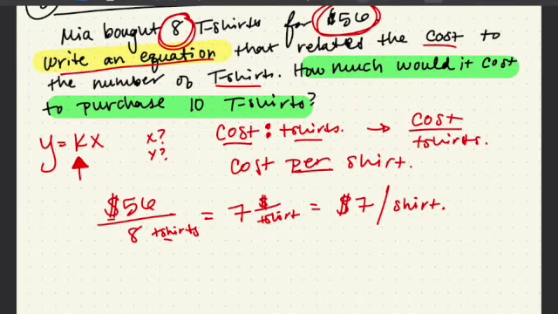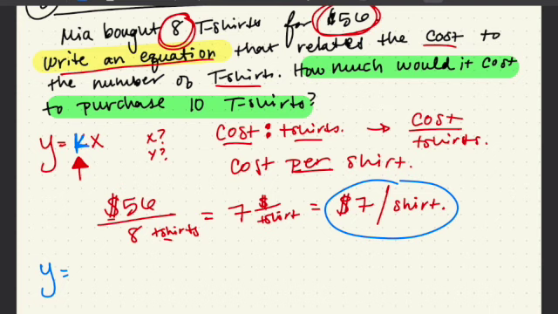If we replaced this with k, then our equation would look like y equals 7x. Now, sometimes these questions are going to ask you to use letters instead of x and y, like C to represent the cost and T to represent t-shirts.